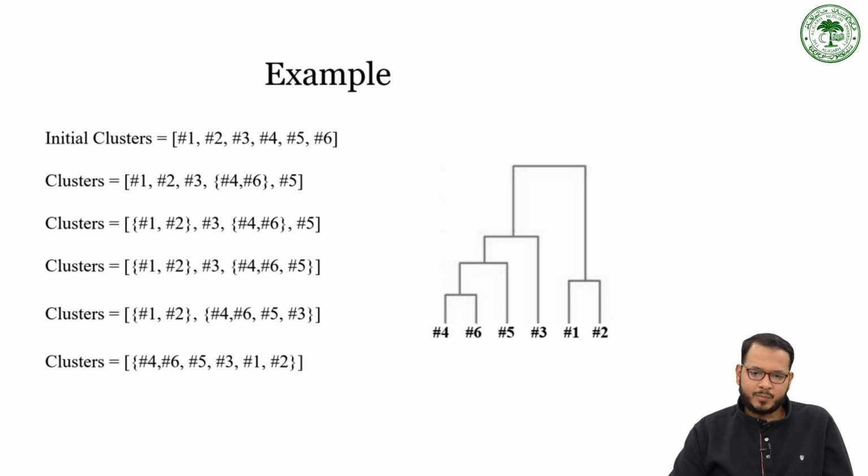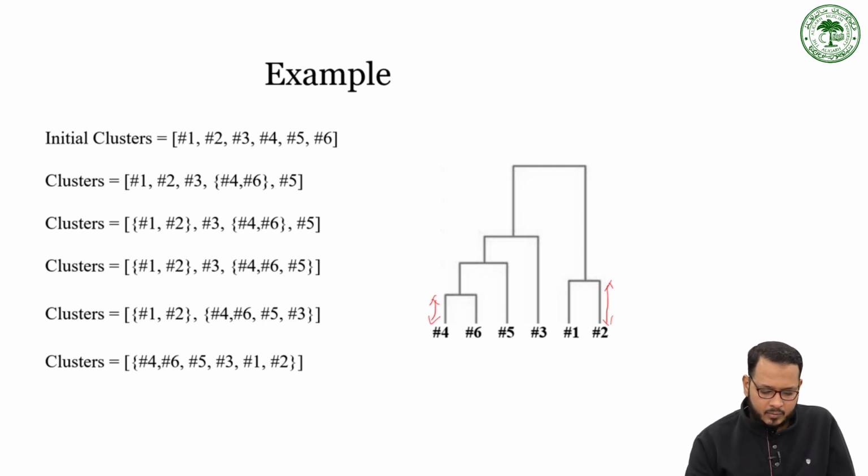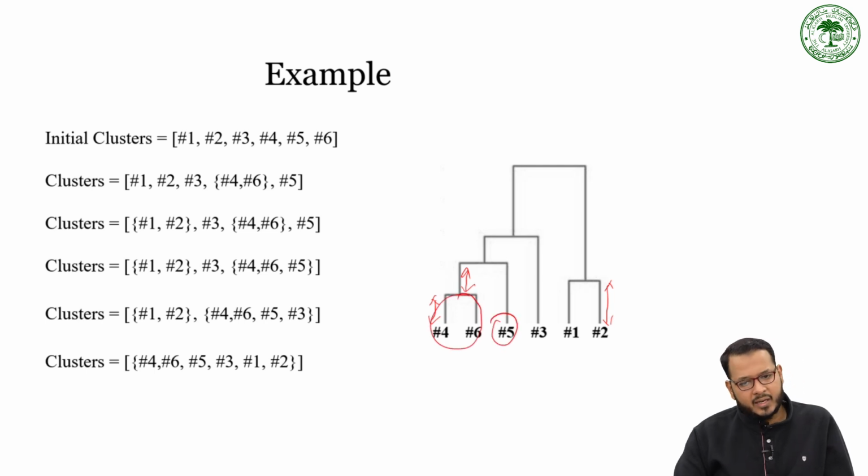And this is the corresponding dendrogram here. You can see that this line is shorter than any other line, which represents that 4 and 6 were combined as the first choice, then came 1, 2, then came the combining of the 4 and 6 cluster together with the 5th cluster, and so on.